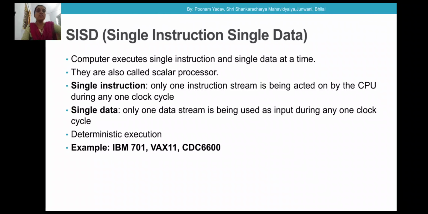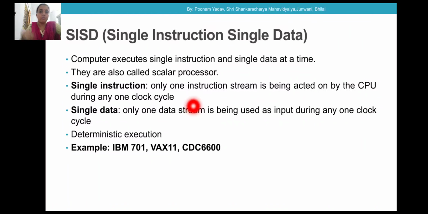So here is the SISD. The computer executes a single instruction and single data at a time. At a time, only a single instruction and single data is there. It is also called a scalar processor. In single instruction, only one instruction stream is being acted on by the CPU during one clock cycle.